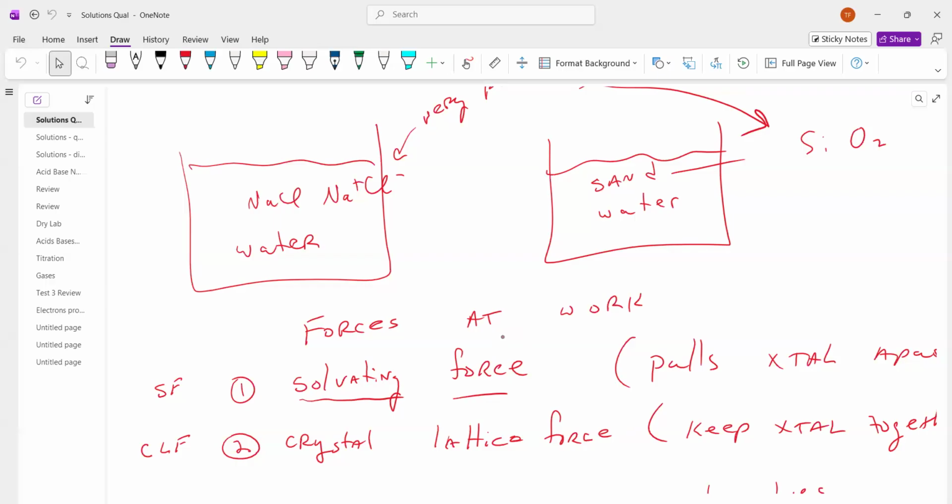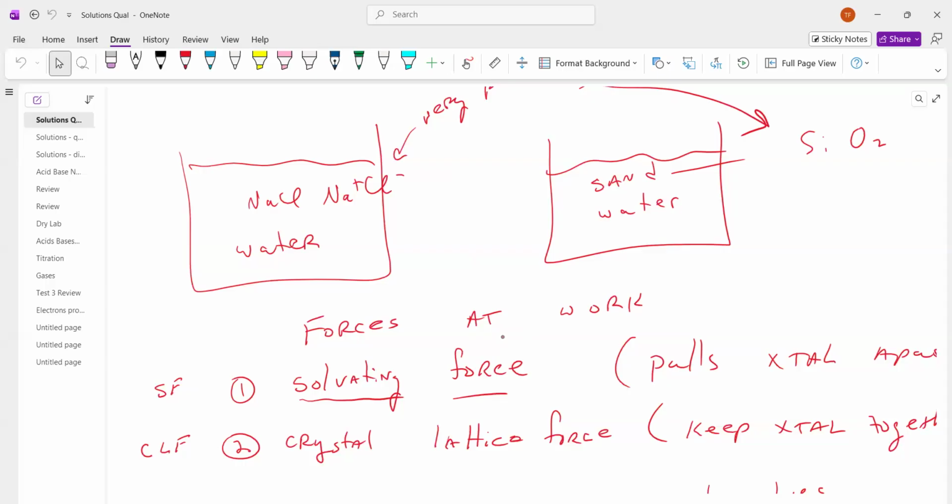Water. What's the solute? You're doing great. What's left over? The salt, right? That's the solute. Okay, solute, solvent. Solvent's the most, solute's the least.